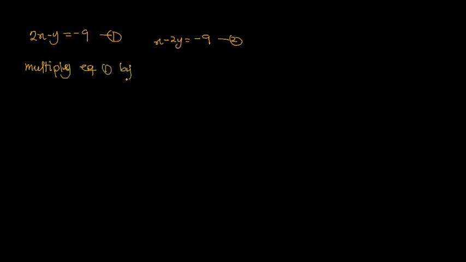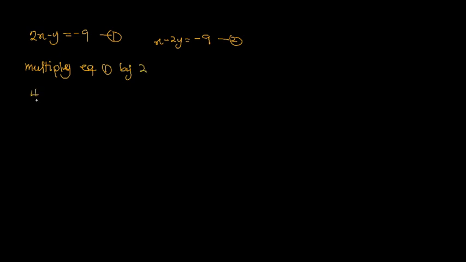So we have 2x minus y is equal to -9 as our equation 1, and then x minus 2y is equal to -9 as our equation 2. In order to use the elimination method, I will say multiply equation 1 by 2.